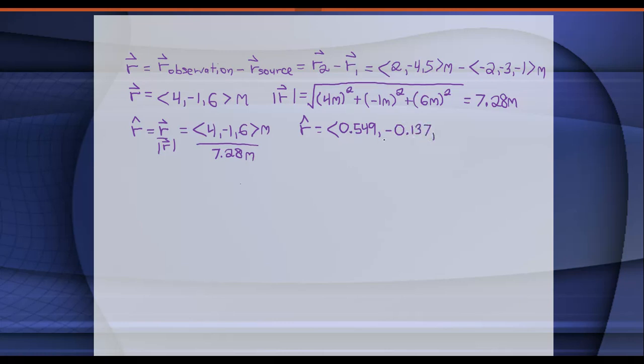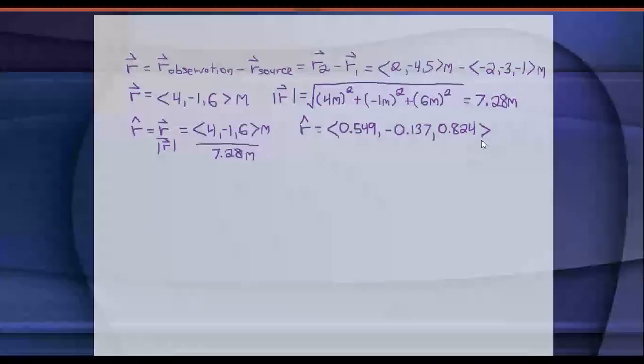And 6 divided by 7.28 is 0.824. And the unit vector is unitless. It has no units to it.